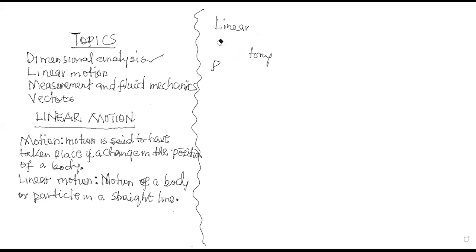Now, in discussing linear motion, there are key terms we also need to understand and then apply. One of it is distance. We have to understand what distance is. Then we will look at another dimension, displacement.